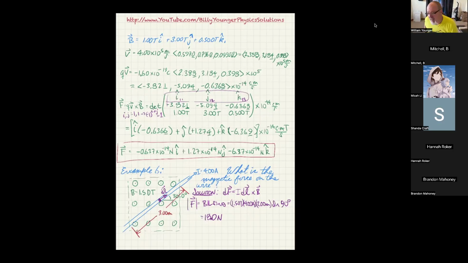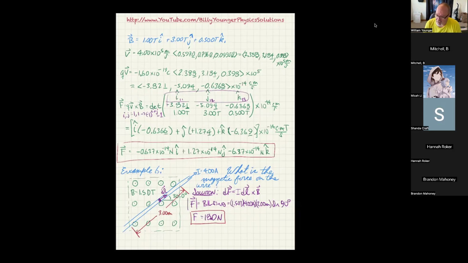All right. Now that we have that, can anybody tell me what the direction is? We know the magnitude of the force is 18 newtons, but now we need to know the direction. So we're going to use our QV, because remember, I dL has exactly the same units. I dL is coulombs per second times meters, so you get coulomb meters per second.